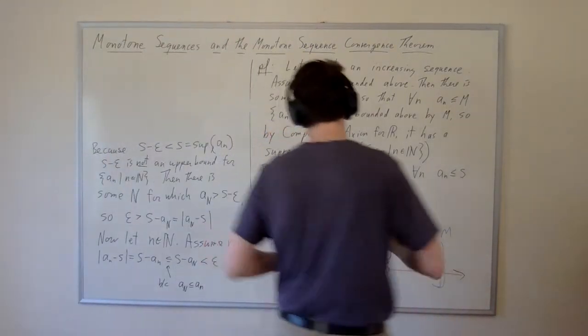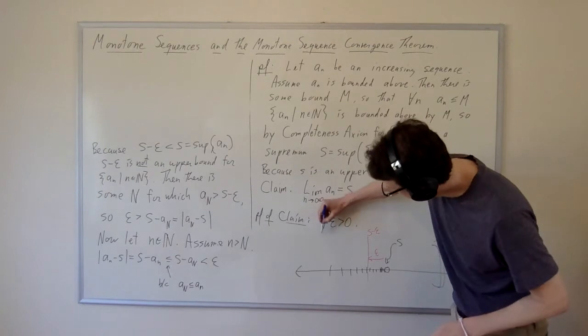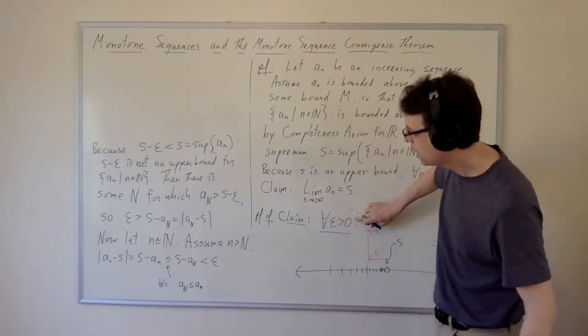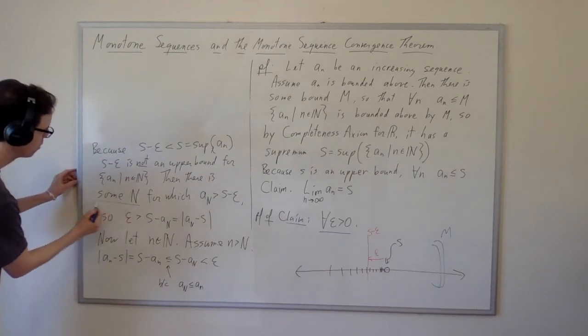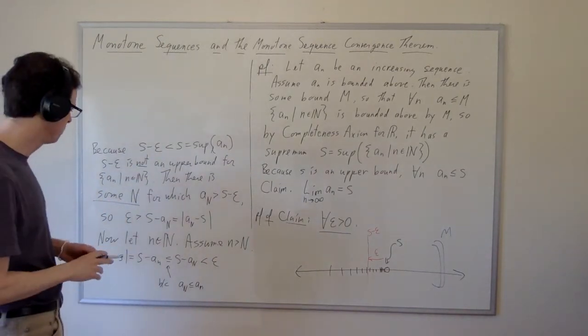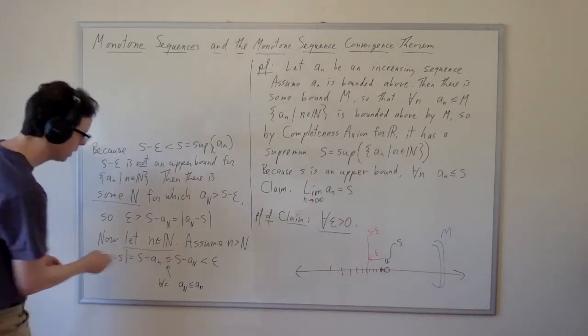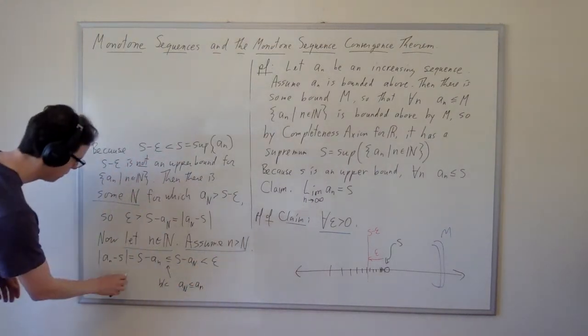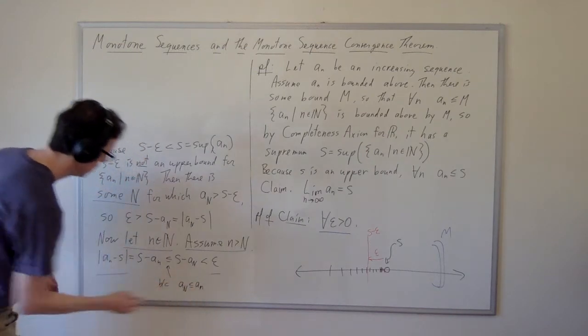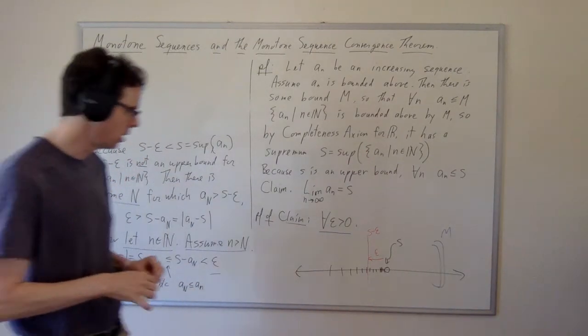So I just want to emphasize here that this proof really does now have the right structure. It takes an arbitrary epsilon, it gives some reasoning, proves that there is a cap N, takes a little n to be arbitrary, assumes it greater than that, and then proves that a sub n minus s is less than epsilon.